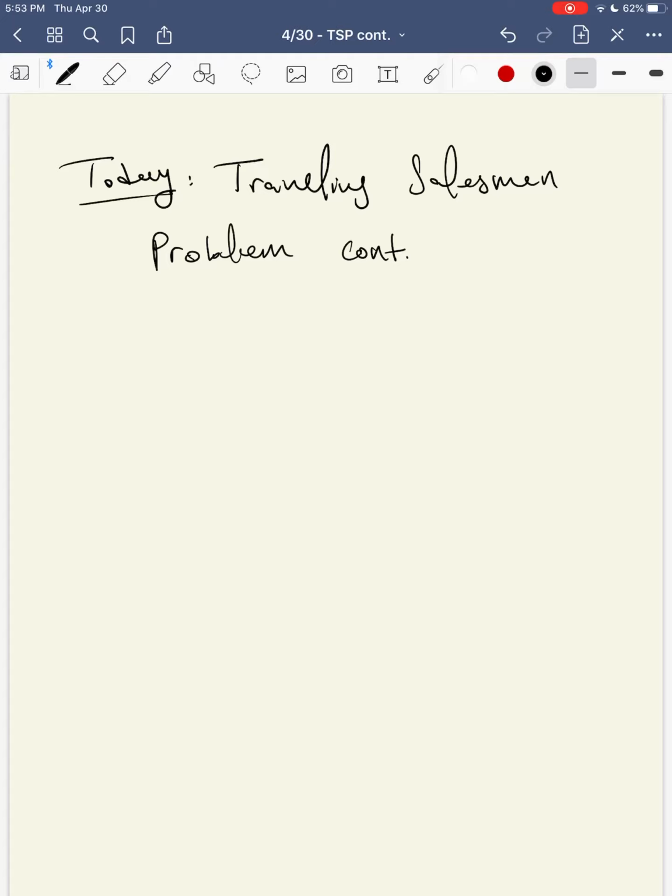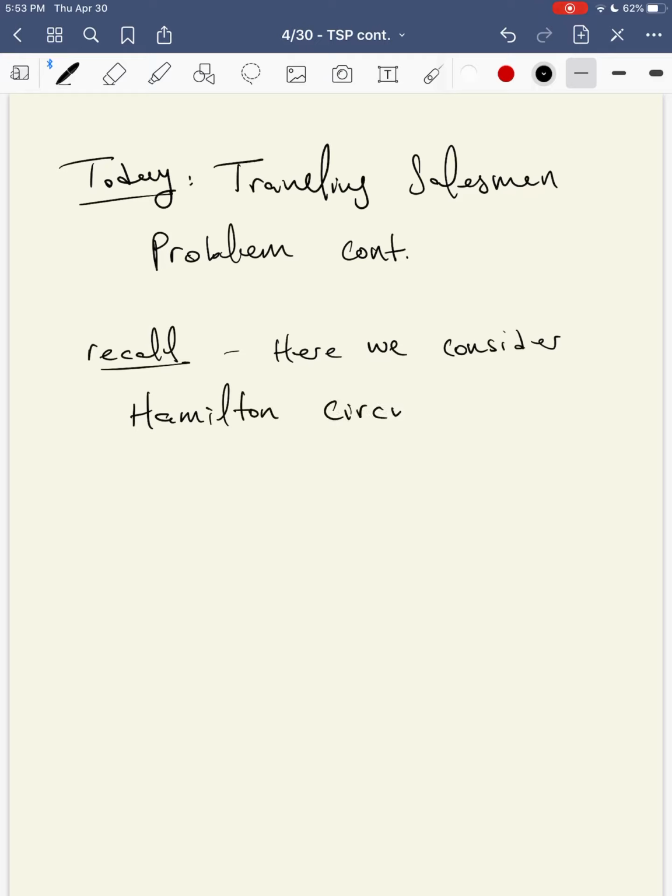Okay, and I wanted to remind you about the different kinds of graph theory that we're using at the moment. So recall, here we consider Hamilton circuits rather than Euler circuits.